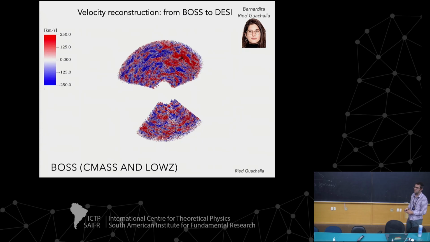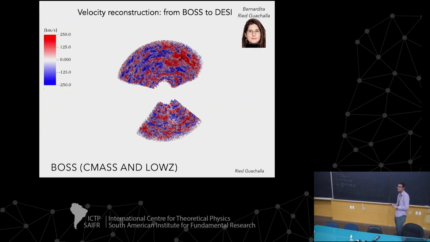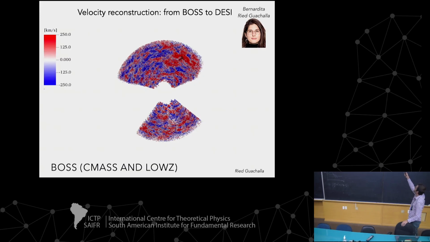So right, one reason why the velocity reconstruction works so well is because the velocity field is coherent on very large scales. So these are several hundred megaparsec, and along this direction, maybe 50 megaparsec. And 50 megaparsec is roughly the photo-z error for typical surveys. And so if you have a photometric galaxy and you don't know where it is to plus or minus 50 megaparsec, you might give it the wrong velocity, and that lowers your signal to noise.